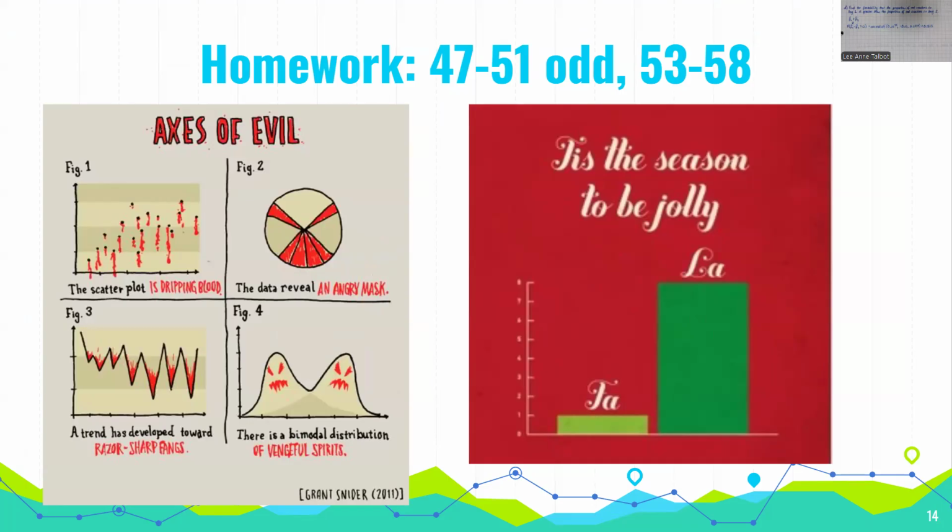Okay. These are the actions of evil, which would be funny if you're a history person, but anyway. It says the scatter plot is dripping blood. The data revealed that angry man. A trend that developed towards major campaign. And then bimodal distribution of vegetable theory. There's that. Okay, now this one.